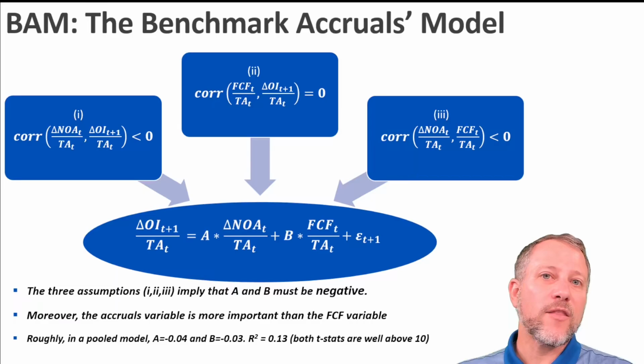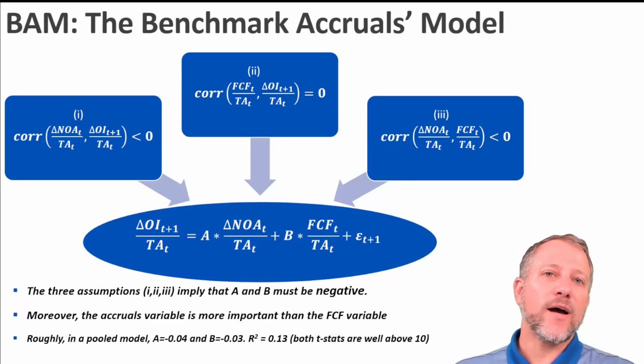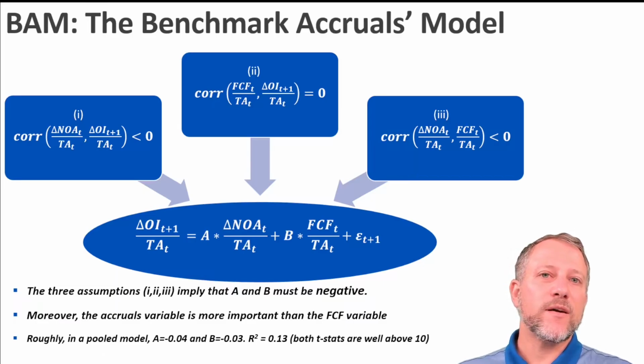Now remember, that's not the normal case. And so that means that these big increases in NOA are not supported by any external influx of cash. So maybe the accrual that we've recorded is aggressive relative to whatever cash investment was made, and that makes it even more likely that we're going to see a reversal in the future.